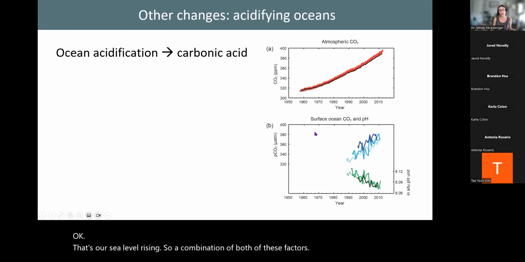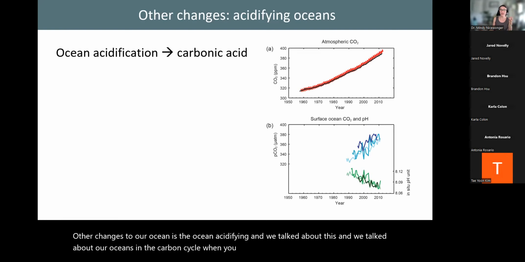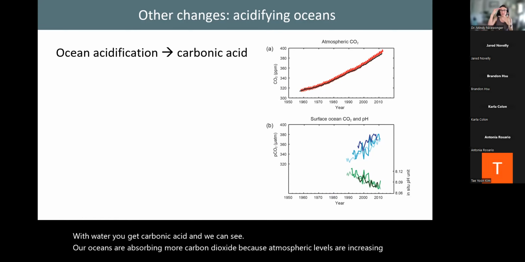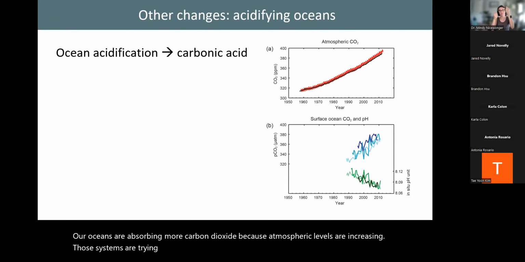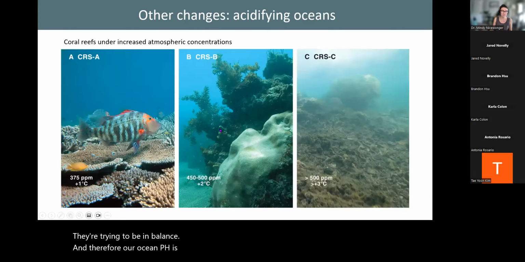Other changes to our ocean is the ocean acidifying. And we talked about this and we talked about our oceans in the carbon cycle. When you add more carbon dioxide with water, you get carbonic acid. And we can see our oceans are absorbing more carbon dioxide because atmospheric levels are increasing. Those systems are trying to buffer, they're trying to be in balance, and therefore our ocean pH is decreasing.